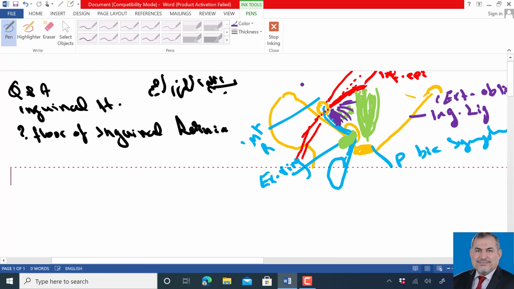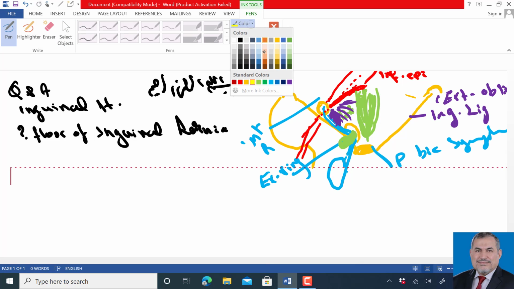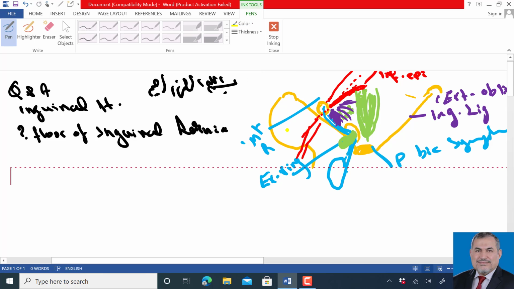Okay. Which nerve is here? This is ilioinguinal nerve. Okay.